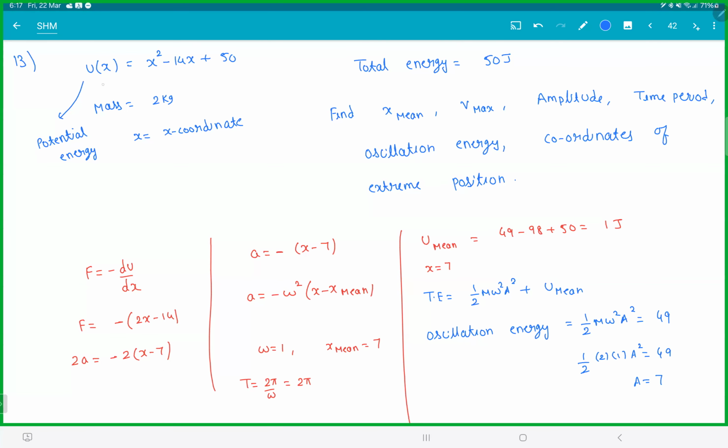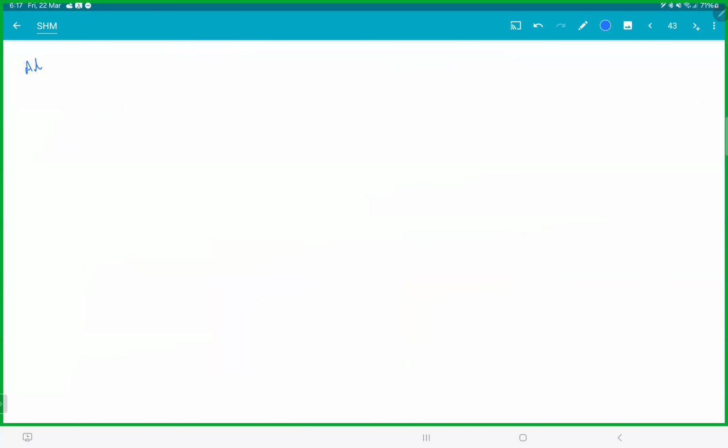Another way is find the minimum value of U of x. When the potential energy is minimum, kinetic energy is maximum. Isn't it? This is one way to do. Another way to do, alternate. You can write U of x as x minus 7 whole square plus 1.